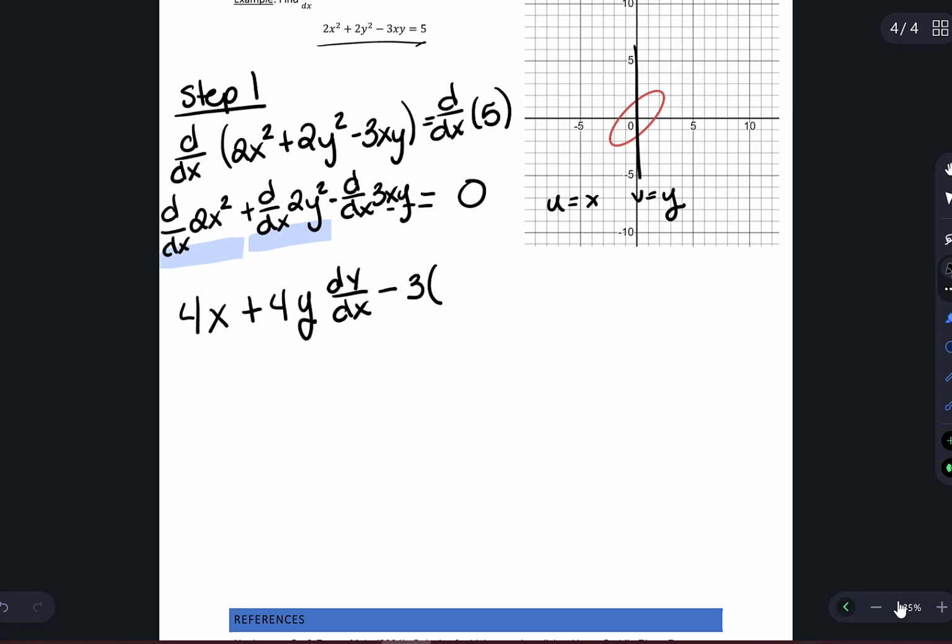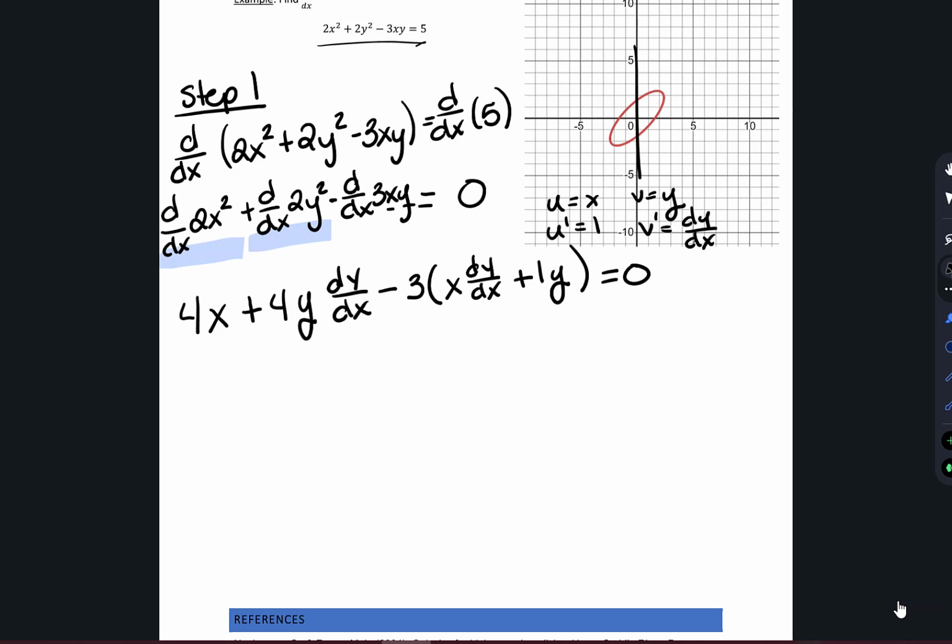The derivative of u is just equal to 1, and the derivative of v is dy/dx. So now writing out my product rule, I'm going to have x times the derivative of y with respect to x plus 1 times y. And again, this is equal to 0.